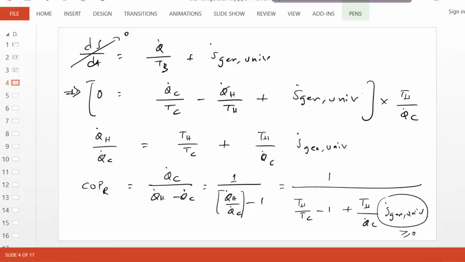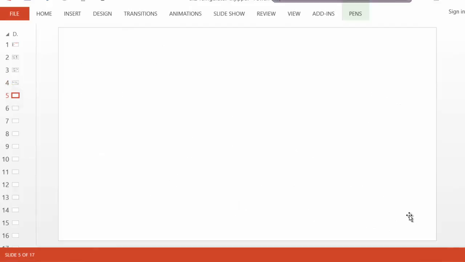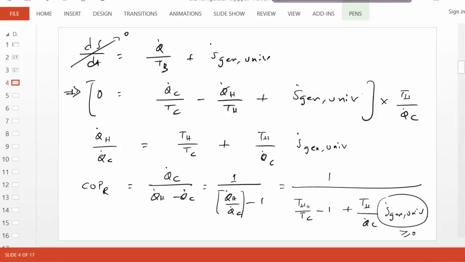The entropy generation is the permanent signature of nature. So a reversible refrigeration system, which is also known as the Carnot refrigeration system, is given as 1 divided by, substituting this to 0, Th over Tc minus 1.